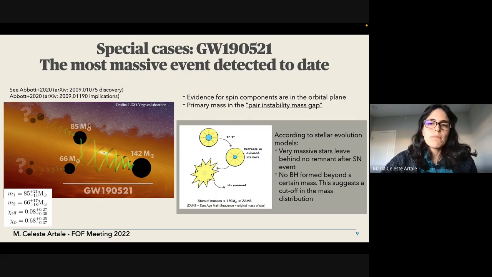So based on the stellar evolution models, we shouldn't have black holes form beyond a certain mass. This is within the pair instability mass gap where we don't expect a black hole. So this system is in fact challenging our stellar evolution models.